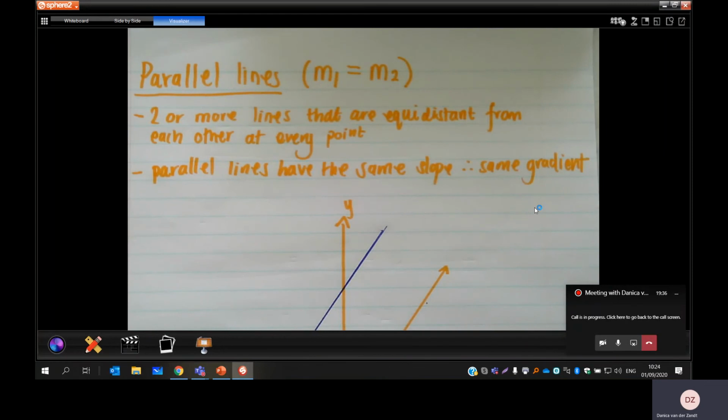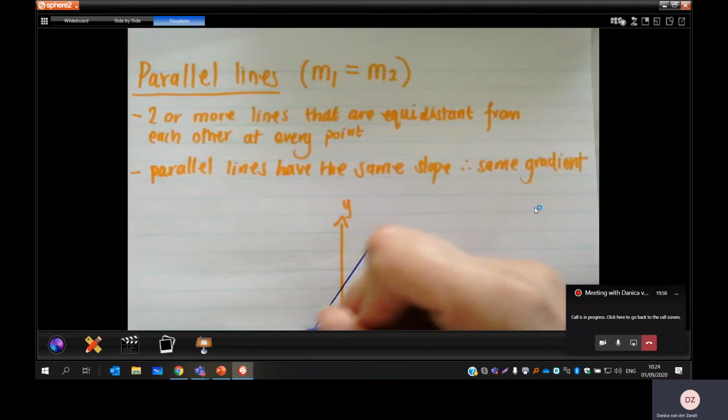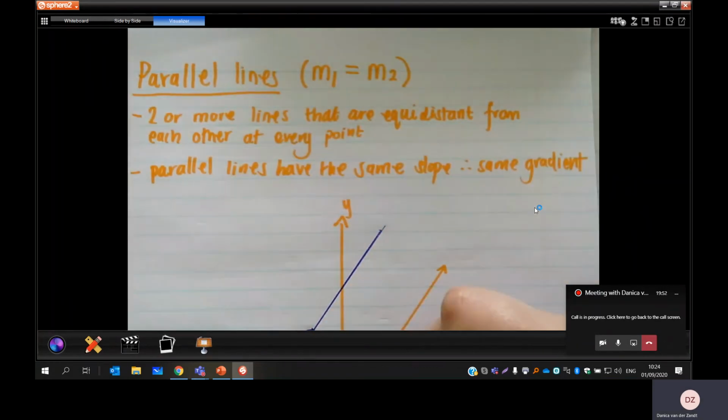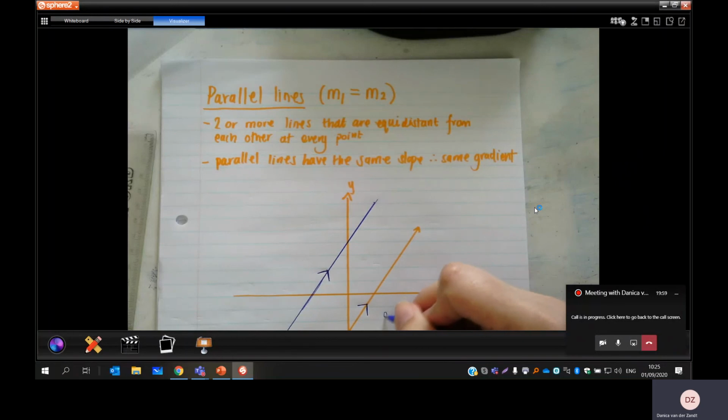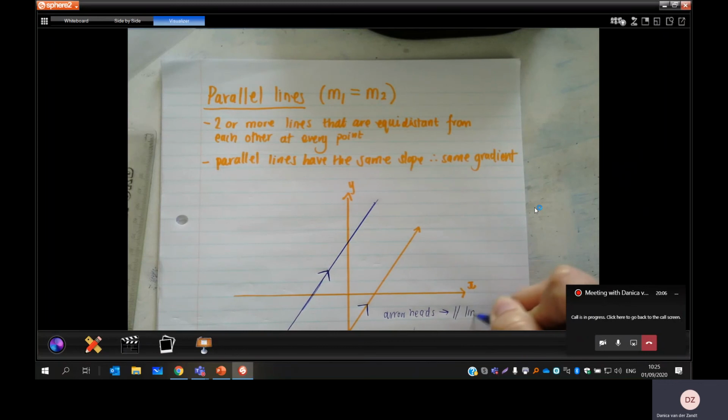But we also need some kind of indication. We can't just assume because it looks parallel that it is parallel. So there are 2 ways that this can be given to you. That is either by giving you arrowheads on those lines. Arrowheads tell me that these lines are parallel. Okay, so arrowheads, parallel lines, therefore gradients equal.